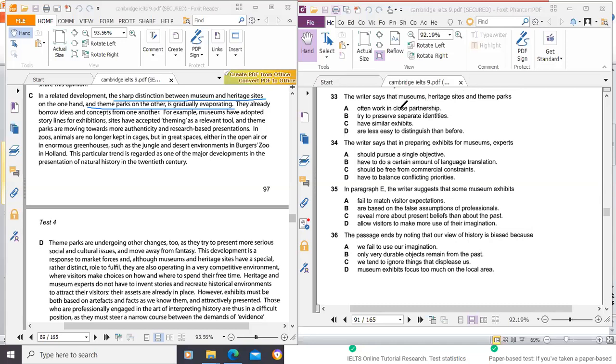There is nothing like this in that passage, we read it through the other time. Try to preserve separate identities, have similar exhibits, are less easy to distinguish. You can take your time to look through what it is, but I'll quickly go with this in an exam condition, okay? Are less easy to distinguish. The sharp distinction between them disappearing.